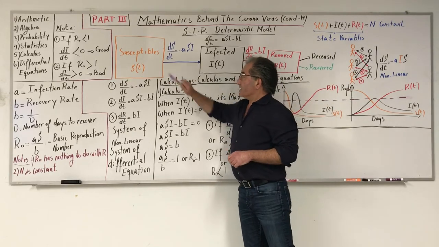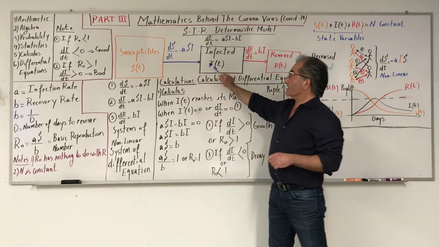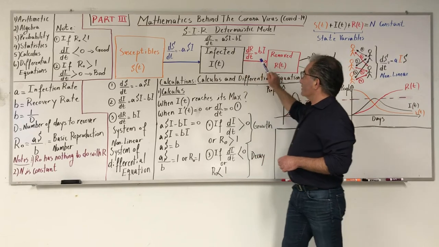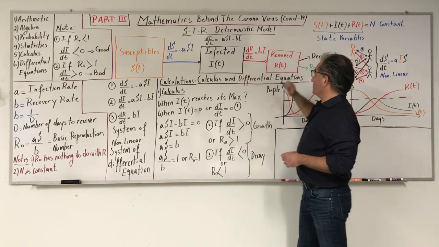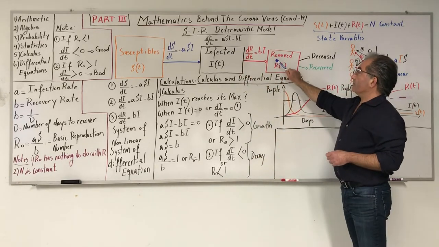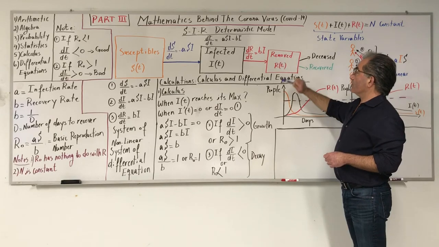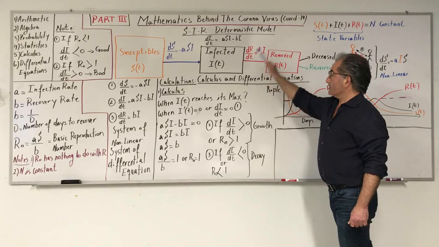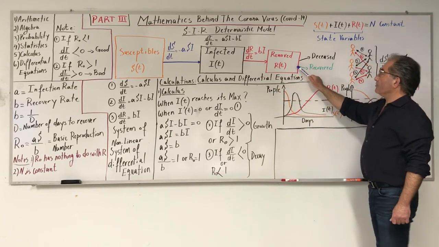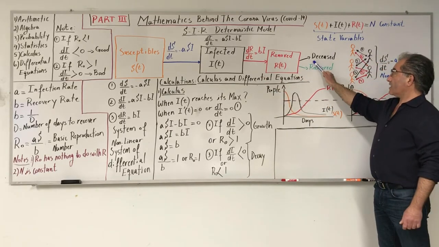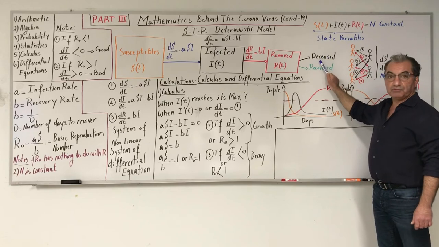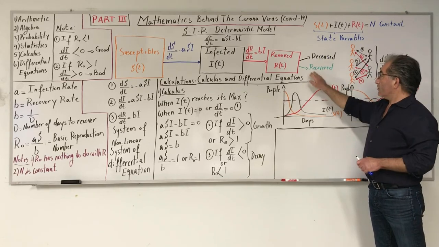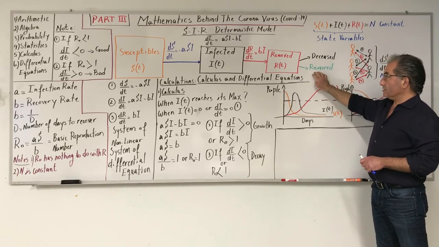One are the susceptibles who can get infected, and the other ones are the infected ones, as we know. And finally, we have the removed ones. People can get infected, then they can be removed. Removed means they can die, which we want to prevent, or they can recover, which is the best.